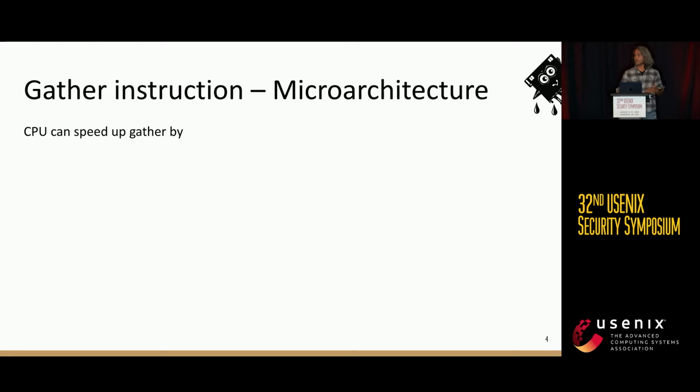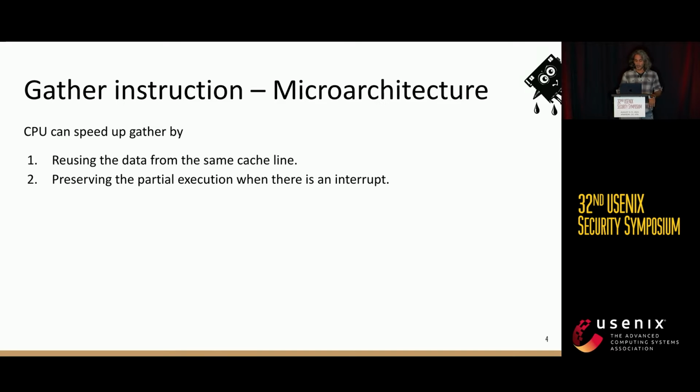Some of the things that are interesting for this talk are, for example, reusing the same data from the same cache line. Imagine some of those indexes hit the same cache line. We don't want to keep requesting the memory for the same cache line again and again. Or, when executing this instruction, it can perform up to 16 different memory operations, and we may interrupt it.